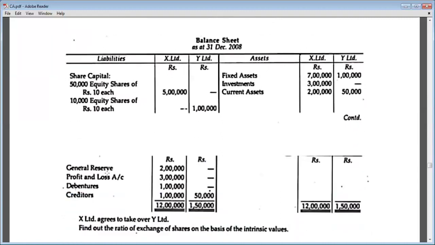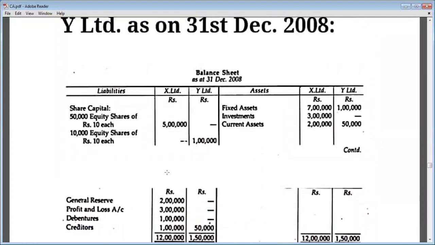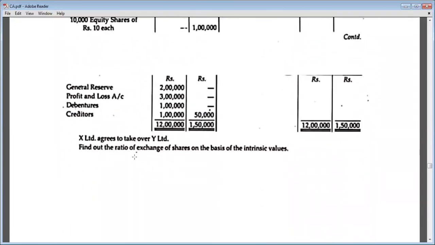Now there is other information: reserve, P&L account, debentures, creditors, and here fixed assets, investment, current liabilities, and so on. X Limited agrees to take over Y Limited. Find out the ratio of exchange of shares on the basis of intrinsic value.